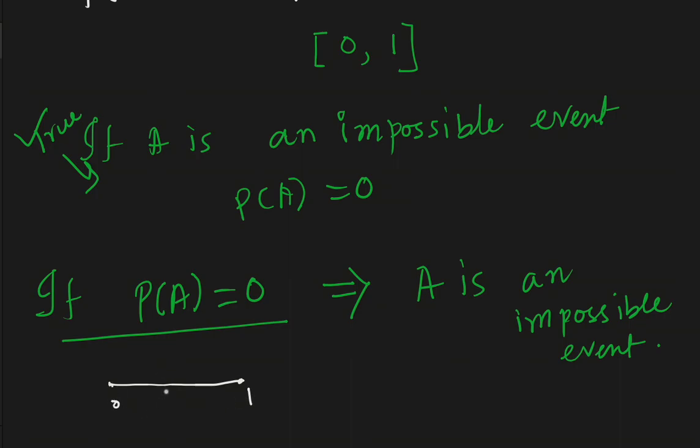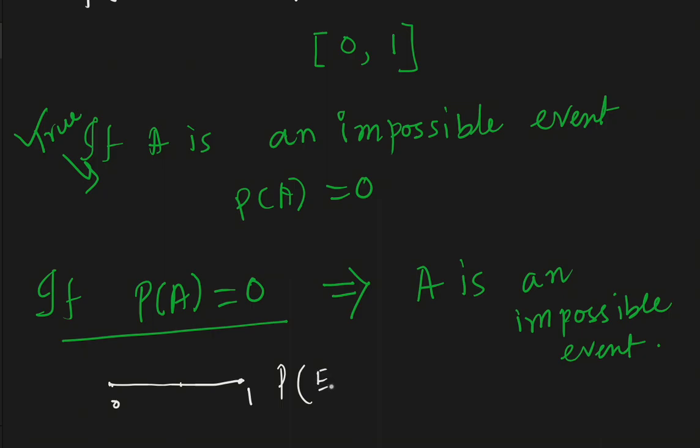Now if you choose any particular point, what is the probability of choosing it? Since the whole space has infinitely many points, the probability of choosing a particular point is 0, but that is not an impossible event.